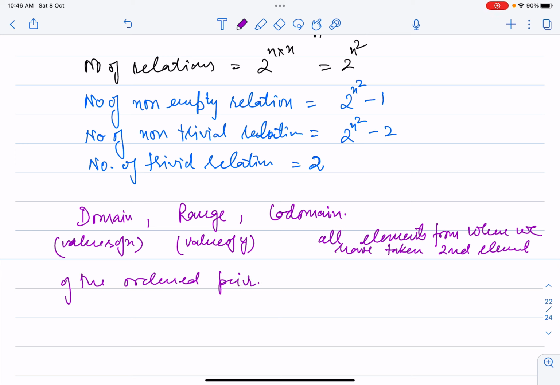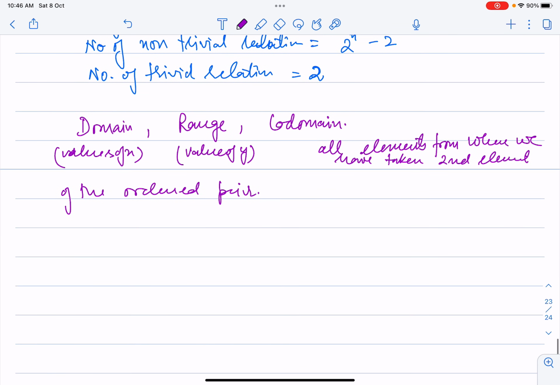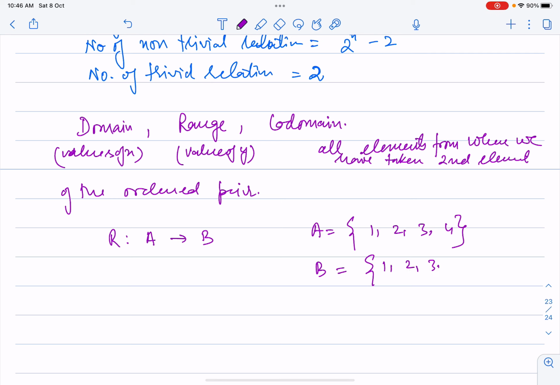Now there must be some confusion that what sir is telling is not clear to us. Suppose I say a relation from A to B, where A consists of 1, 2, 3, 4, and B consists of 1, 2, 3, 4, 5, 6, 7, 8, 9, 10.